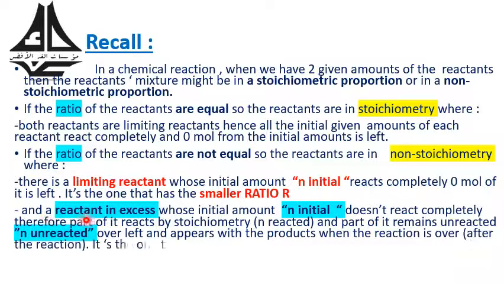And there is a reactant in excess whose initial amount, n initial, doesn't react completely, therefore part of it reacts by stoichiometry, n reacted, and part of it remains unreacted, small n unreacted, and is overleft and appears with the products when the reaction is over, that is, after the reaction, and it's the one that has the greater ratio.